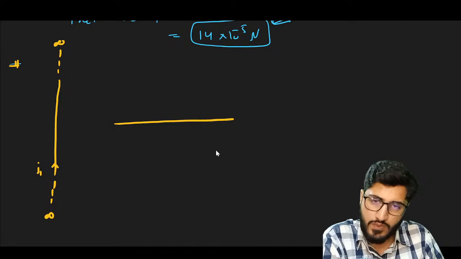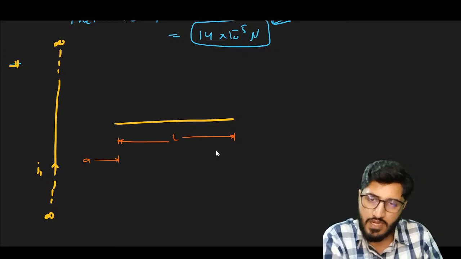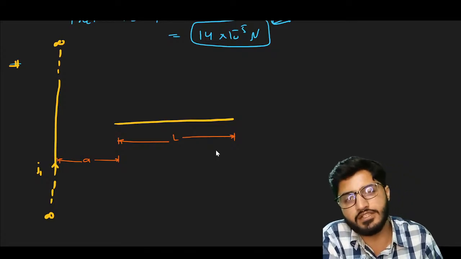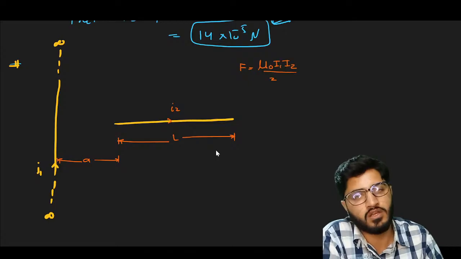One more wire is this one with length L. And this wire is a distance apart from the line of current. And in this one, current I2 is flowing. Find force. You cannot write this one now.